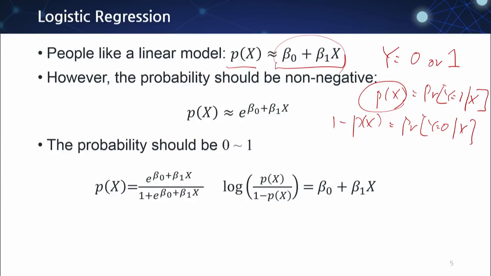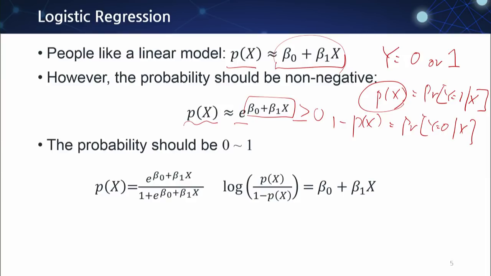So, in order to make it non-negative, we may want to use the exponent form instead of just a linear function. So, we may want to model this p of x with e to the beta 0 plus beta 1 x. Then this is strictly non-negative. However, it still has a problem because it can be larger than 1.